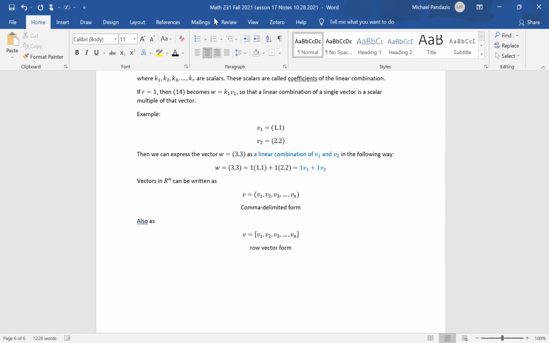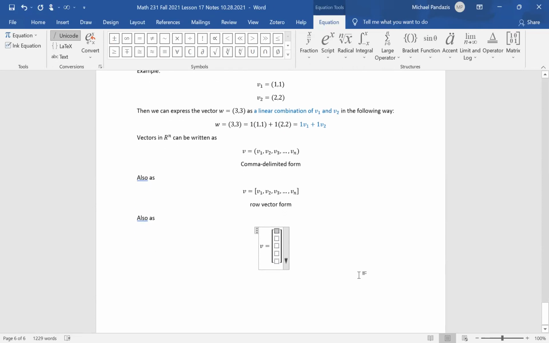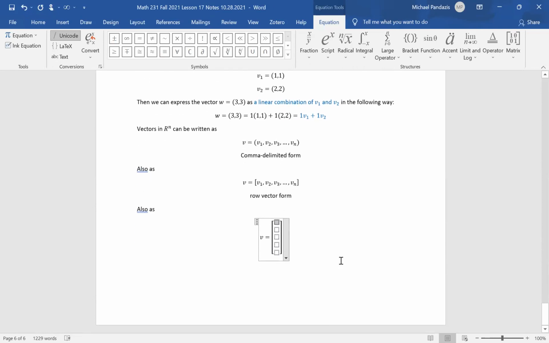Okay, and it could also be expressed in this form. So v could also be written as a column vector, a column matrix. Oh, but okay, so no commas.